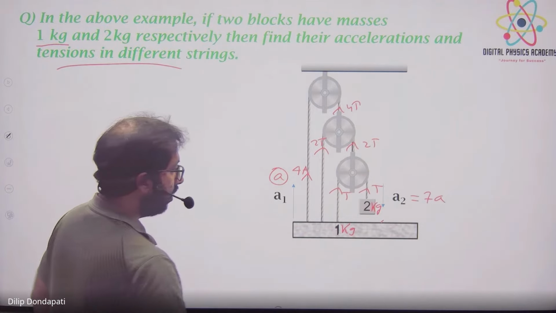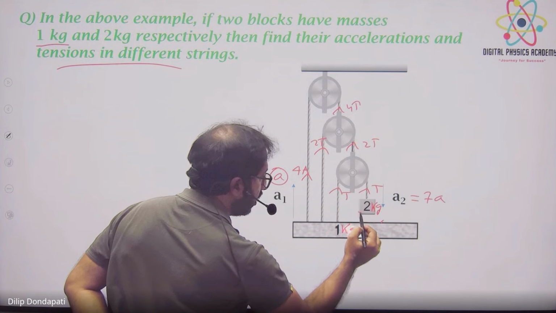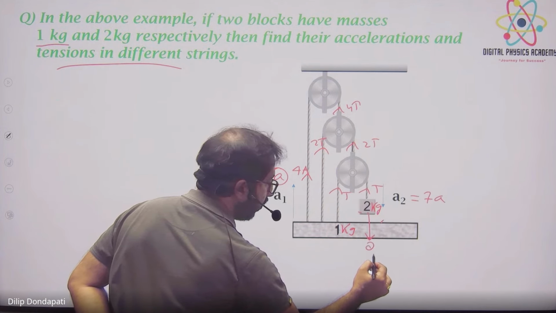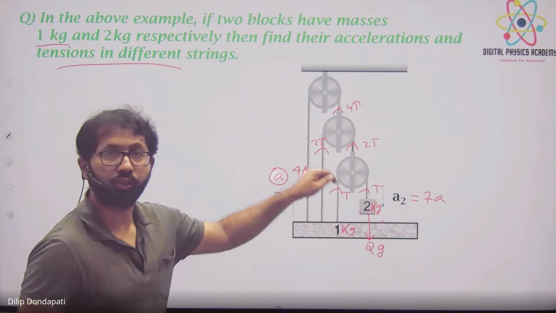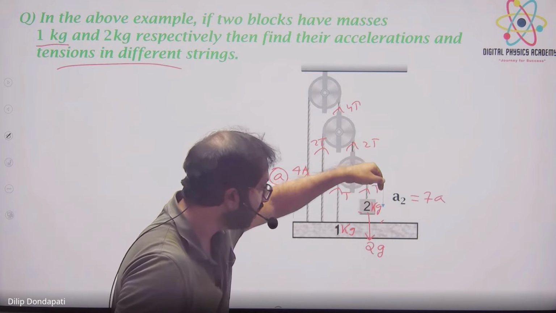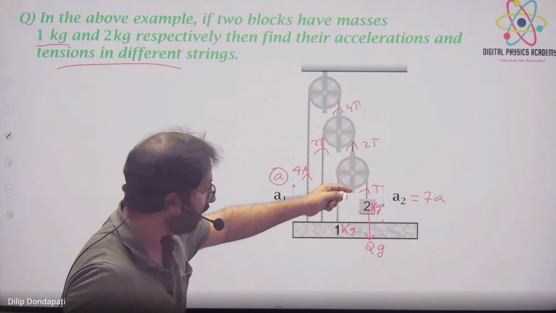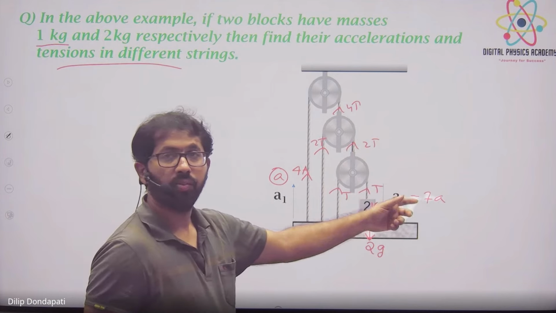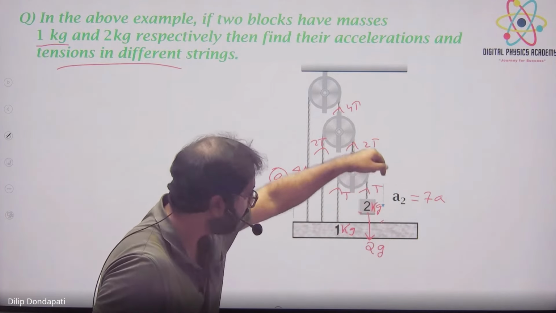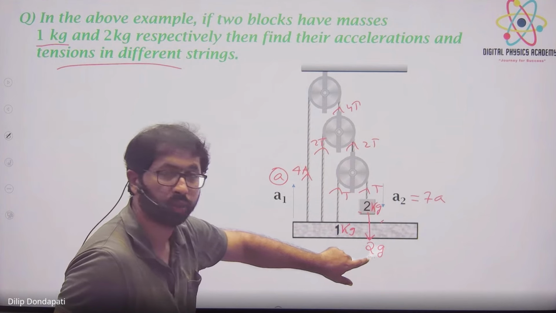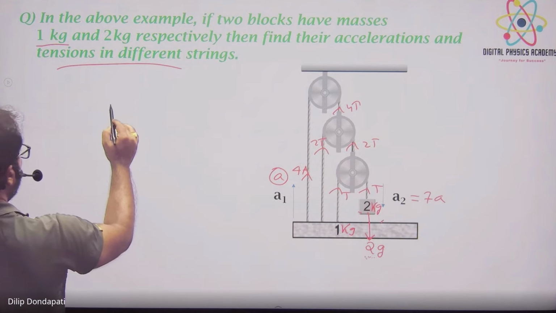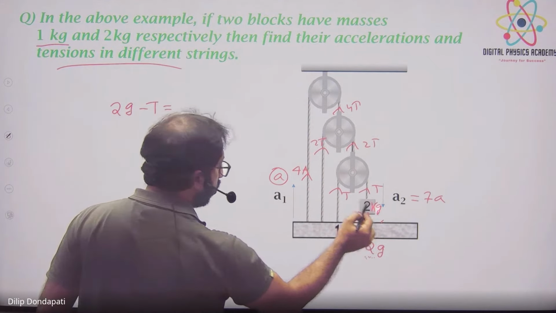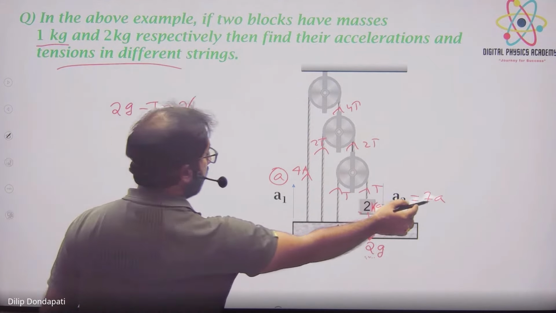Tell me, Jyotish, what is the force acting on this 2 kg block? The downward force is mg, 2g, and upward is tension, and acceleration is downwards, 7a. Take the acceleration direction as positive, so 2g minus T is equal to ma, where m is 2 into a, which is 7a.